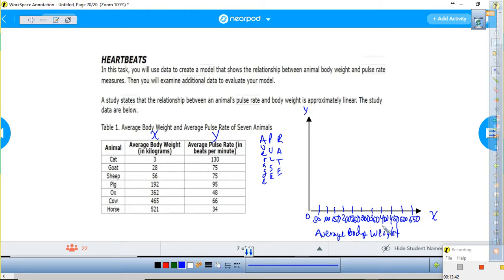All right, with that same idea, look at the y-axis. What are we going to scale the y-axis if it starts at 34 and it goes all the way to 130? Talk it over to your neighbor. What are we going to scale that at? Look at the numbers. 30, 66, 48, 95, 75, 130.